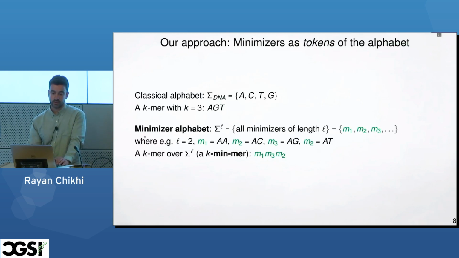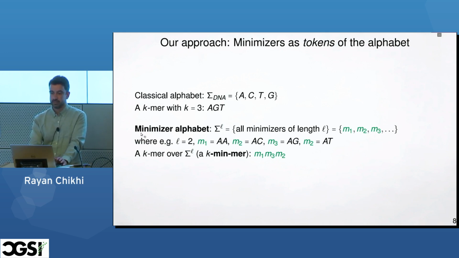So our approach was to change the alphabet. Instead of considering ACTG, we consider that letters are the minimizers themselves. So in a classical k-mer world, you consider the alphabet to be of 4 letters. So with k equal to 3, a k-mer can be, for instance, AGT.